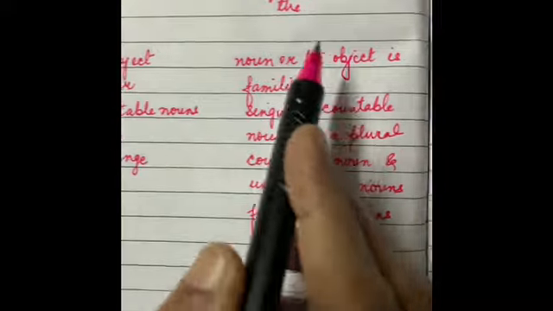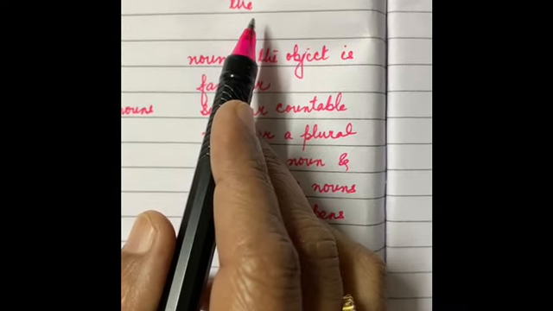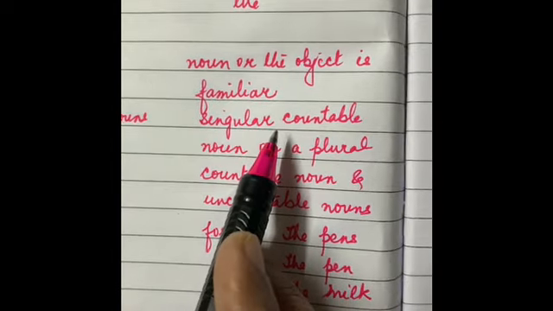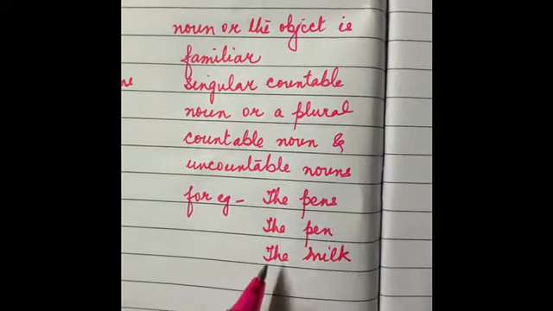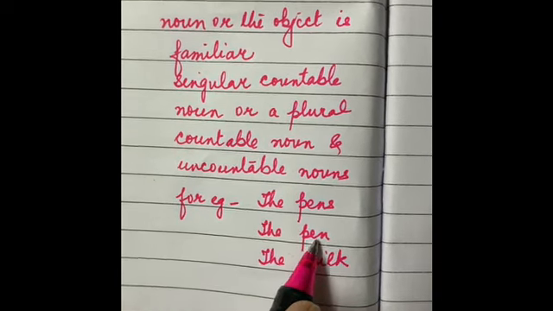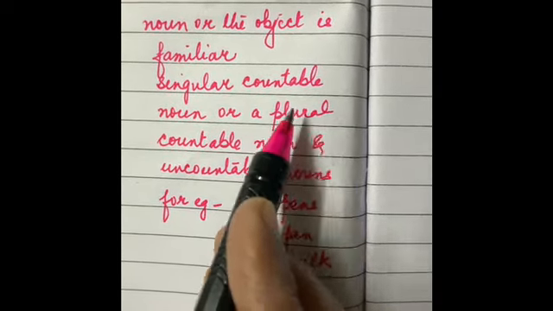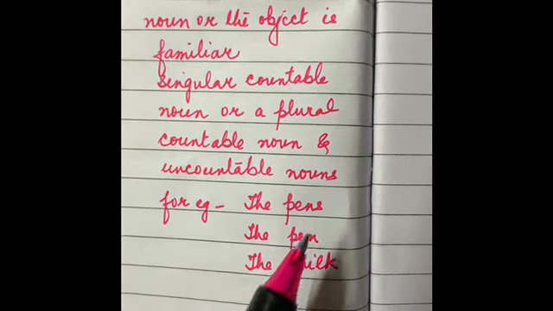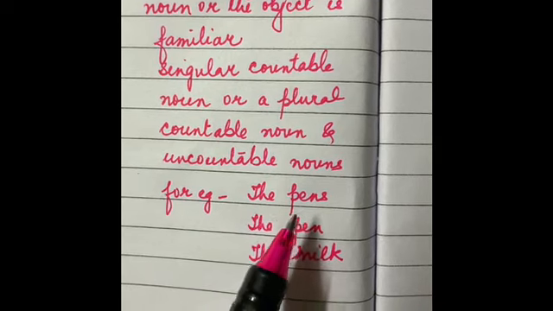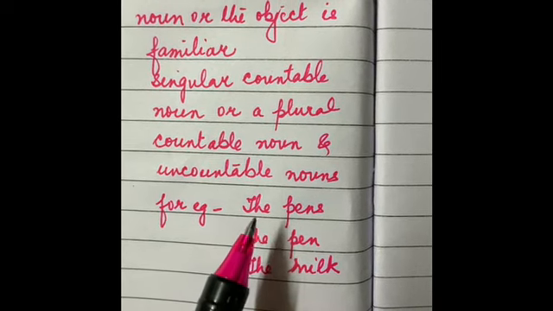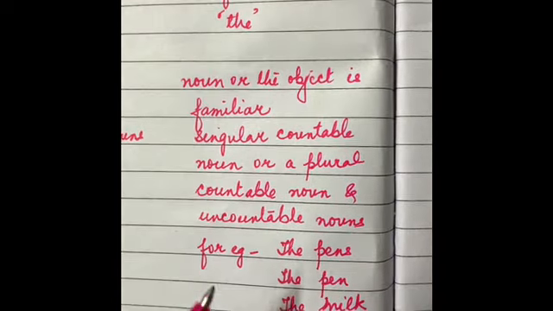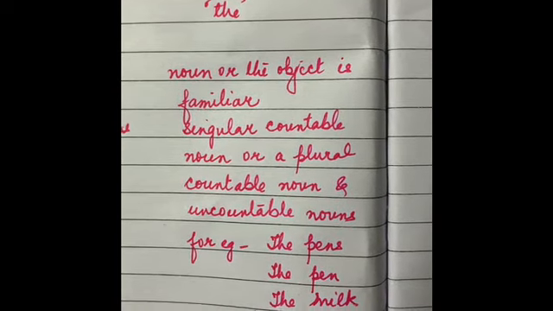But the definite article the is used before a singular countable noun also. For example, the pen, or a plural countable noun, for example, the pens. And uncountable nouns means which cannot be counted. So the definite article the can also be used before uncountable nouns.